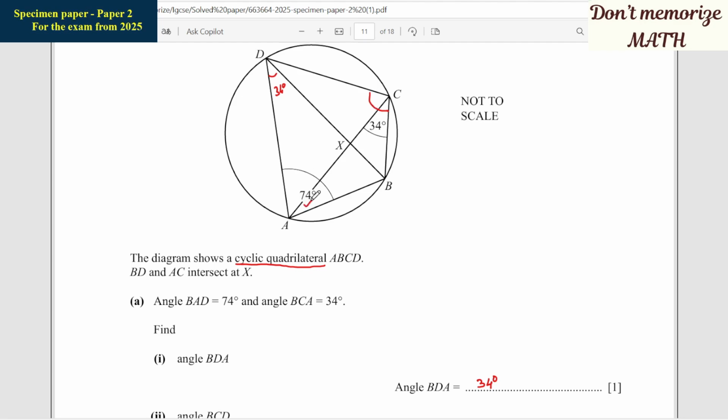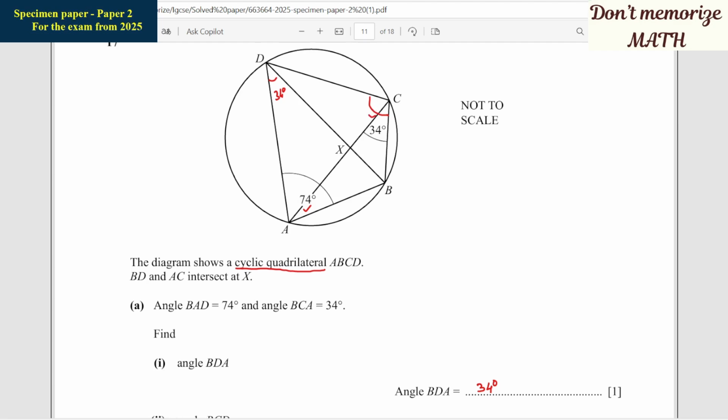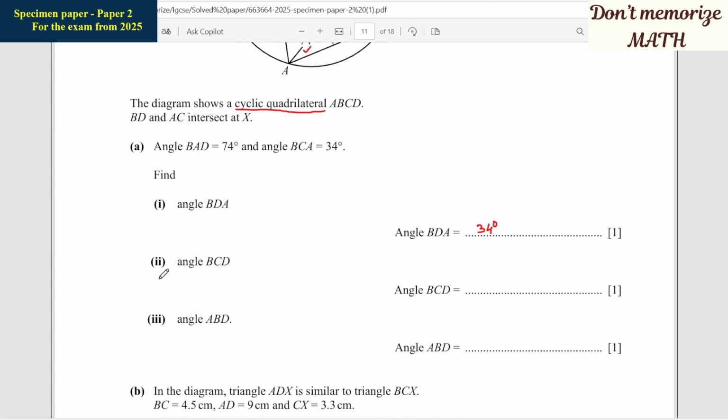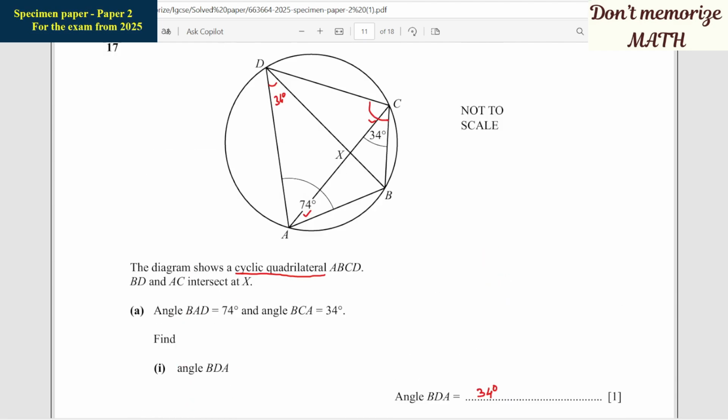That is 74 plus this angle will be 180 degrees. So to find angle BCD, you have to take 180 minus 74, which is 106 degrees.